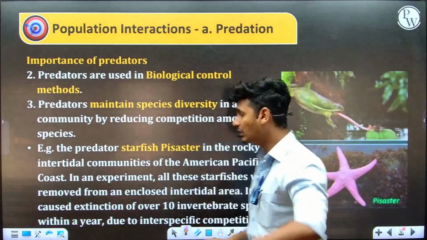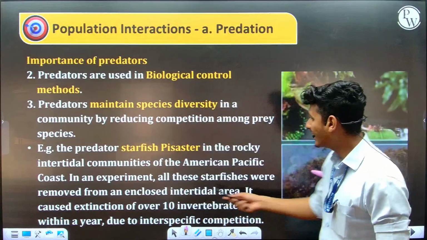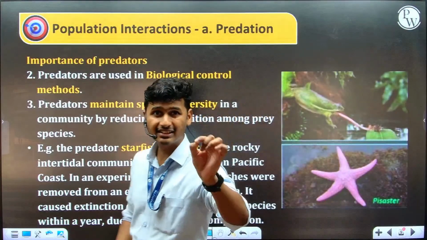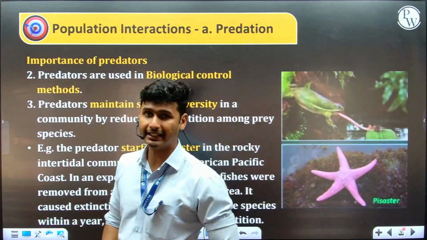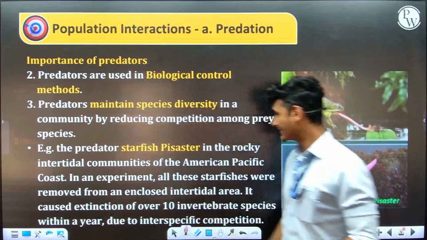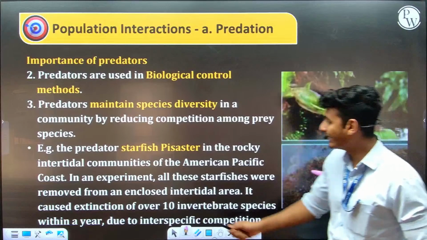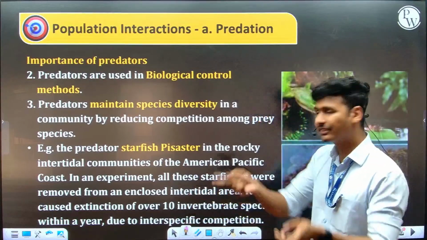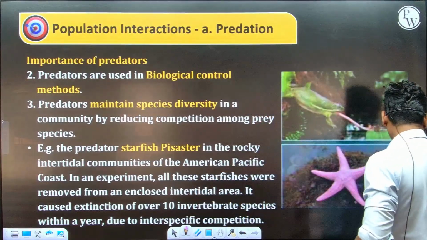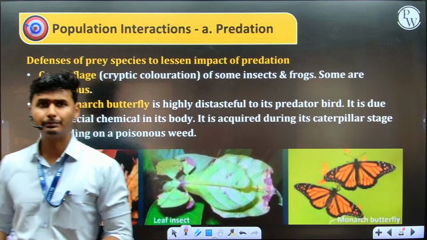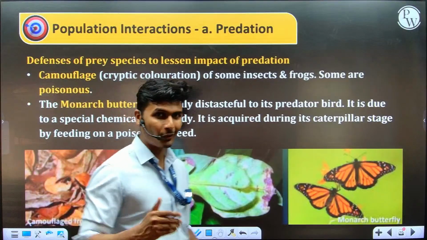Because of this, 10 invertebrate species went extinct within a year due to interspecific competition. So those are the importance of the predator.